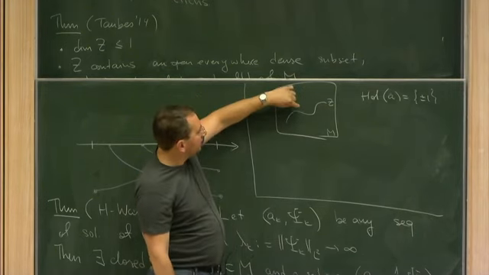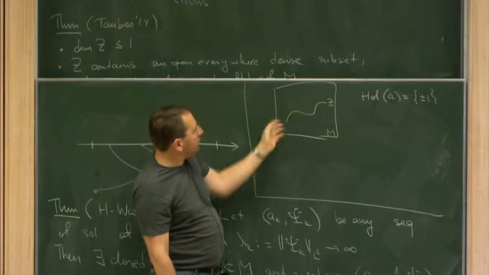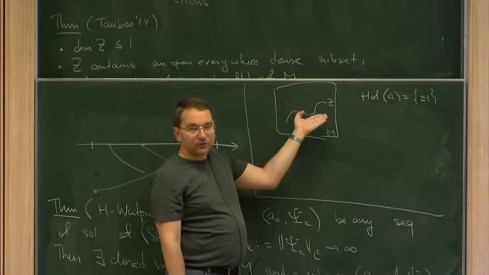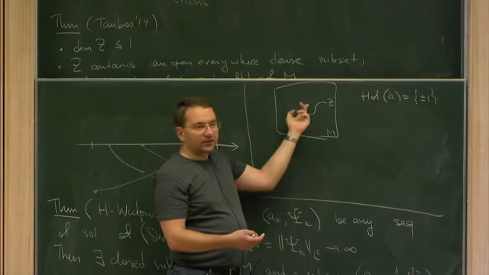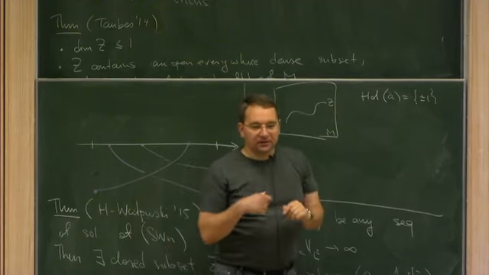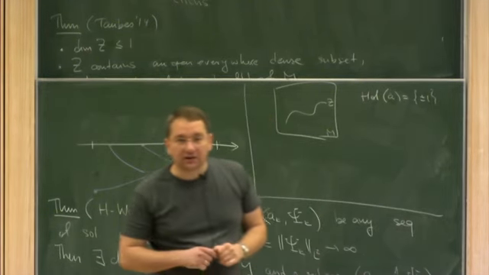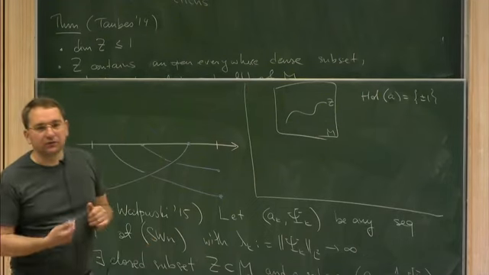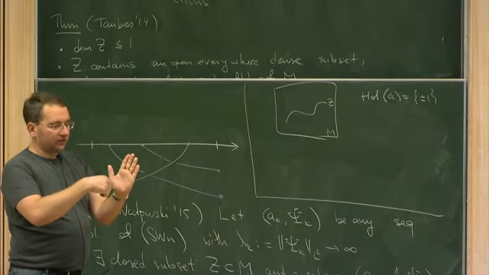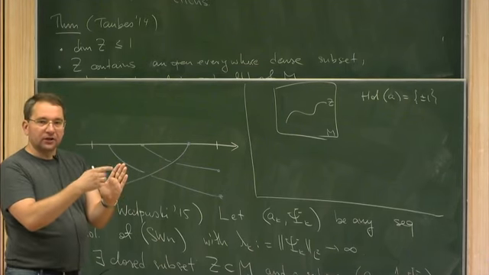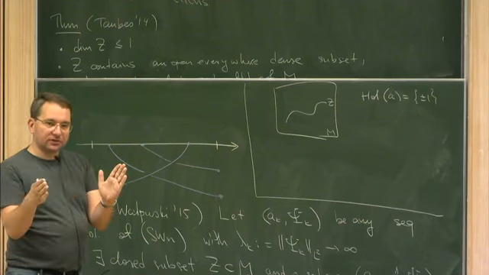And now you can ask, but Z is a one-dimensional object, so you can trivialize your determinant line bundle over Z, and this gives you two trivializations on the neighborhood of Z. And so there is a transition function, and you may ask what is the degree of this transition function, because it's just a map, when restricted to a small circle, from a circle to a circle.